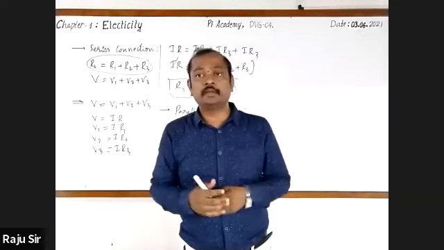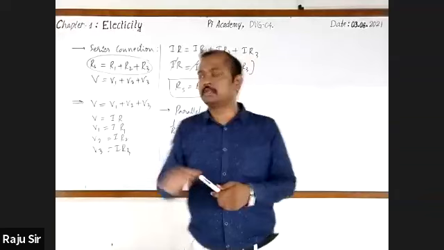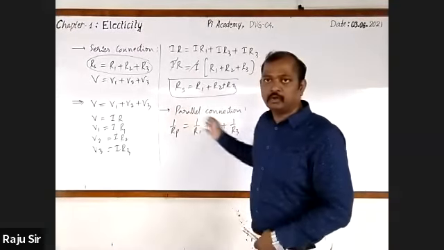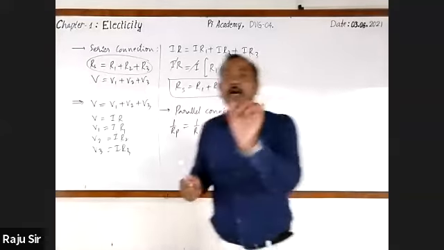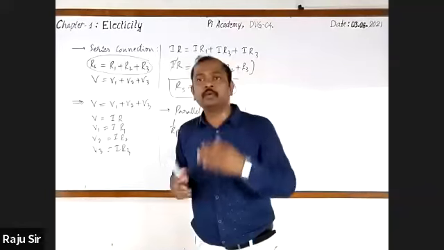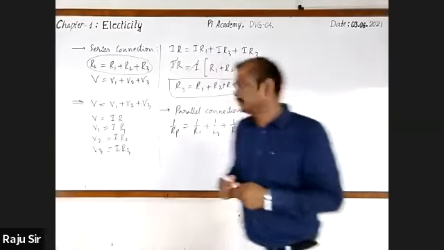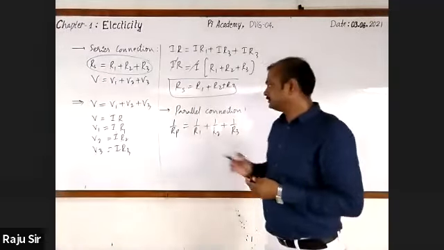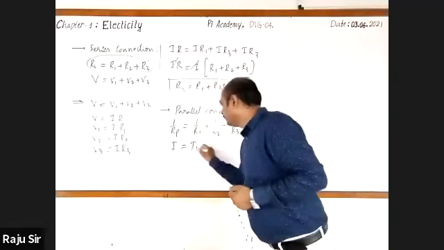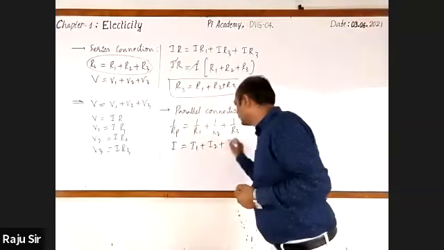Whereas current, once the current is constituted, will go on distributing to all the resistors. Hence, the amount of current flowing through each resistor is different. We can say that I is equal to I1 plus I2 plus I3.